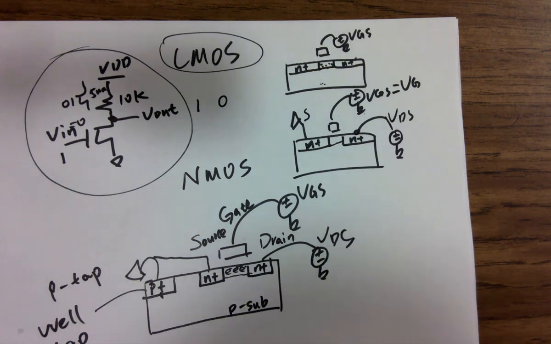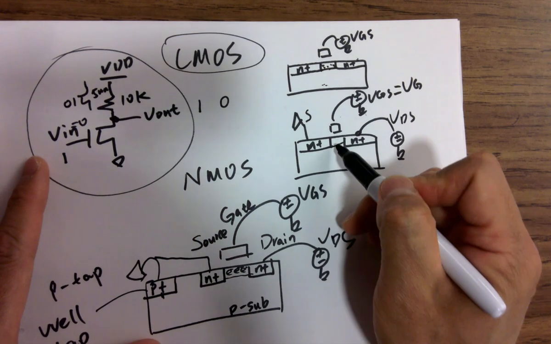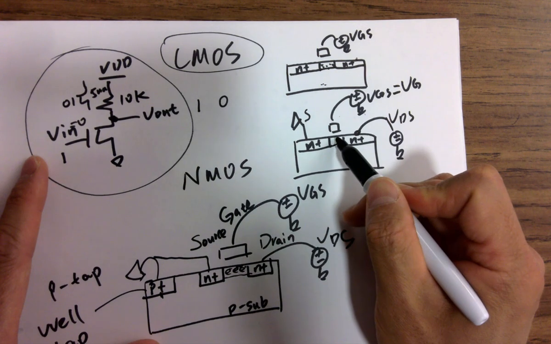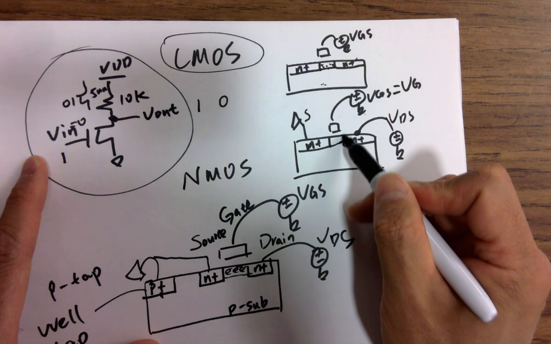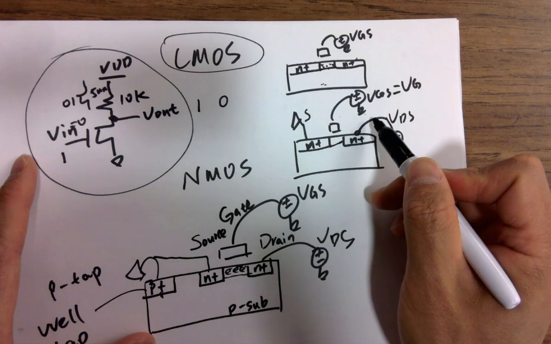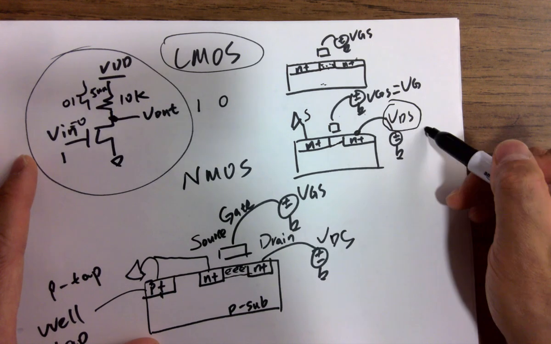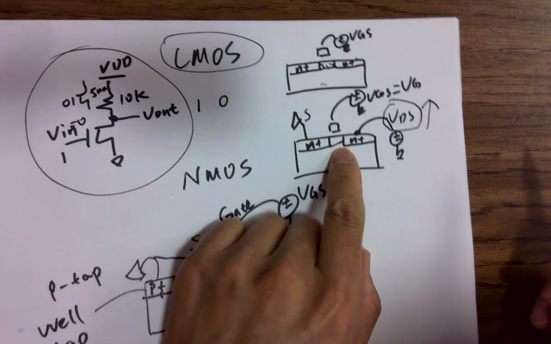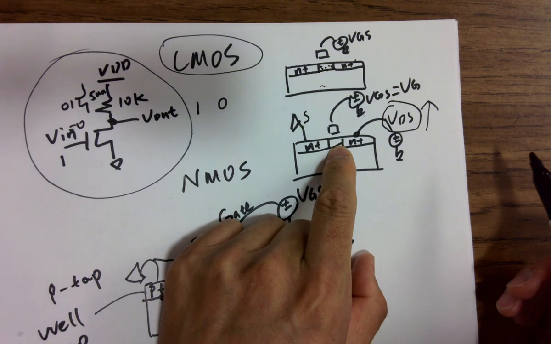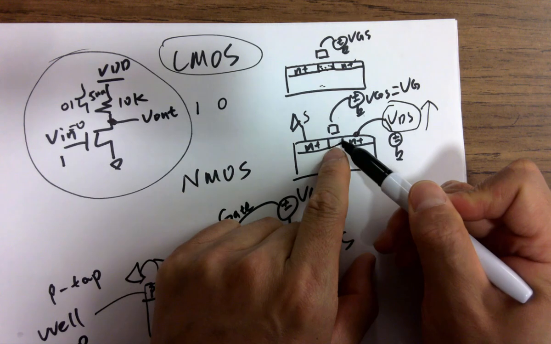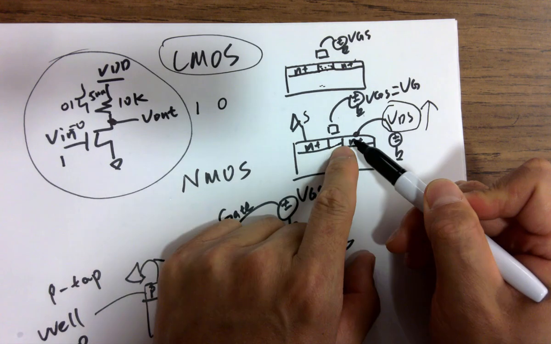Because you still have an electron channel connecting to this terminal, when you increase VDS, the resistance of the channel is not really changing too much. Why? Because the electron channel still makes contact with the terminal.